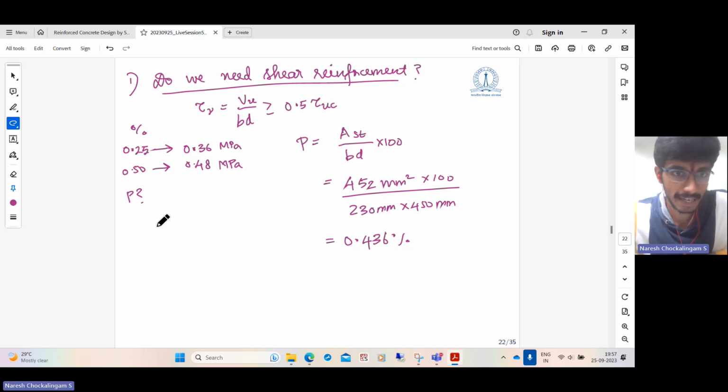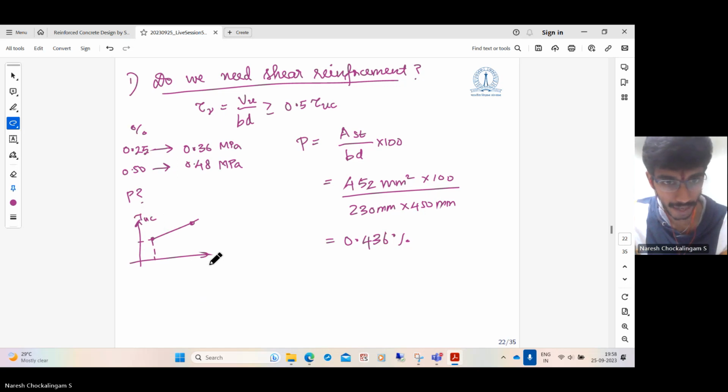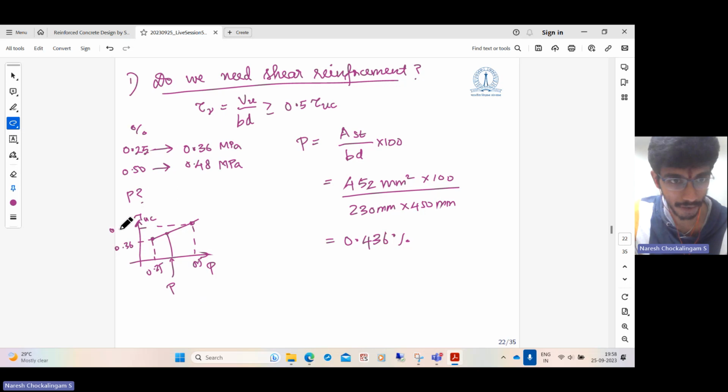So for this, you can do linear interpolation. So p is equal to 0.436. We have a p1, tau c1, p2, tau c2. So you just linearly interpolate. You have 2 points like this. We know the shear strength and the percentage at these 2 points. We have some point in between. So this is 0.25 and this is 0.5. At this point, we need to know what the value is. So this is p. Here it is 0.36, 0.48. So just interpolate linearly.